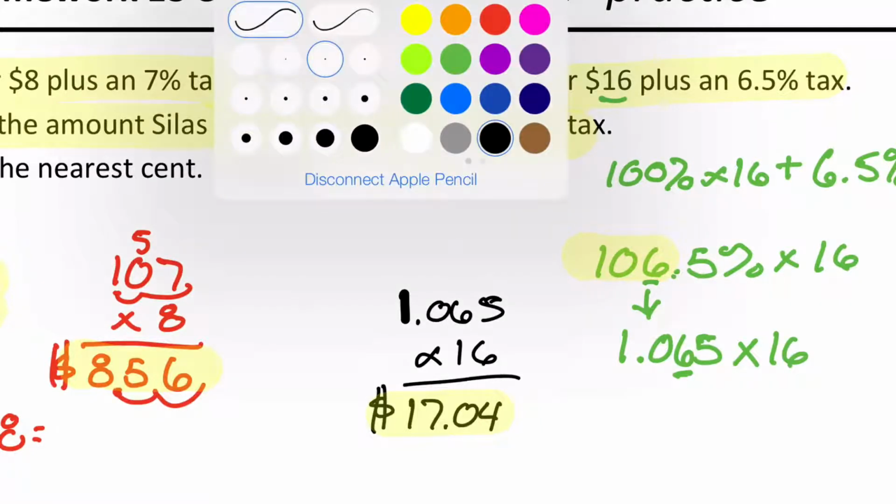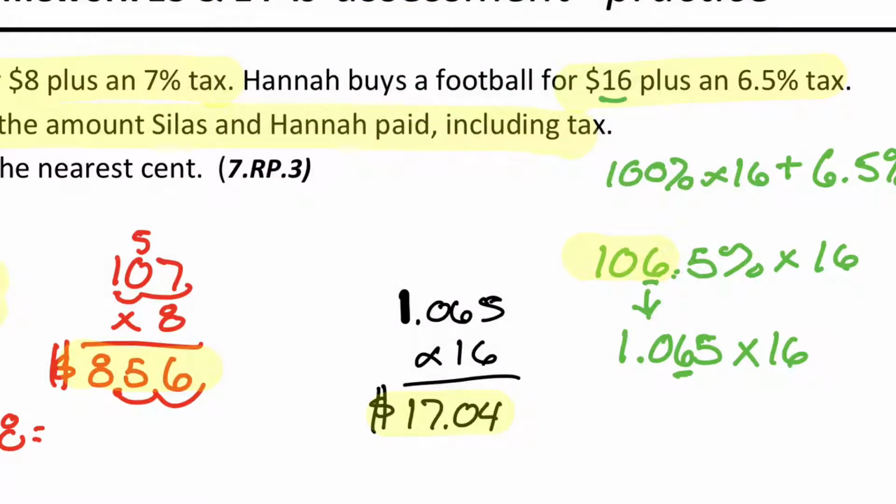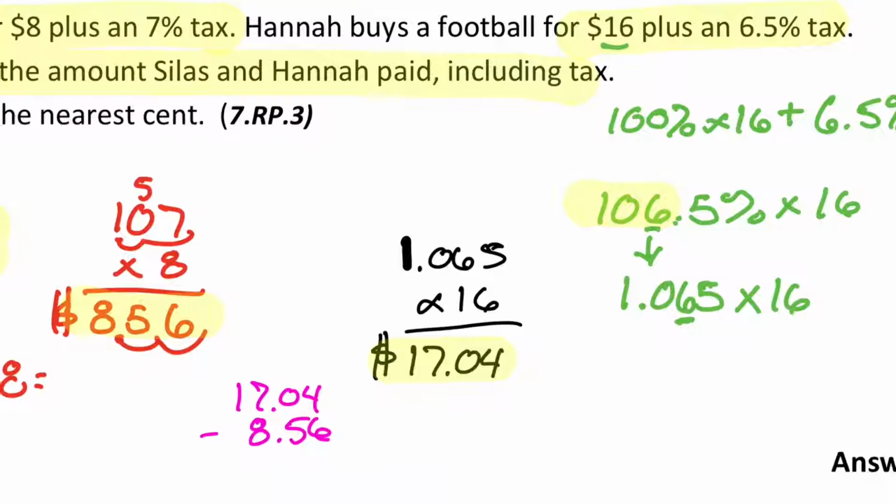Now remember, our goal was to find the difference between these two prices. So let's see if we can do that, right? We'll take the larger amount, $17.04. I will subtract the smaller amount, $8.56. And what do we have? I'm going to need to borrow from 170, leaving me 169. And that adds 10 over here.